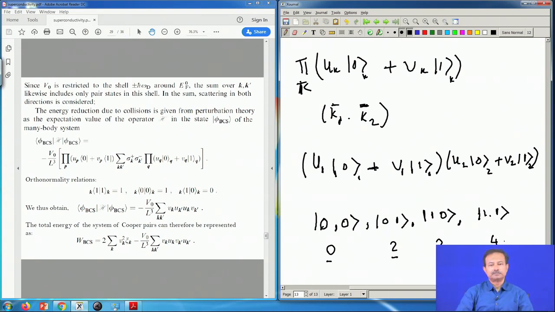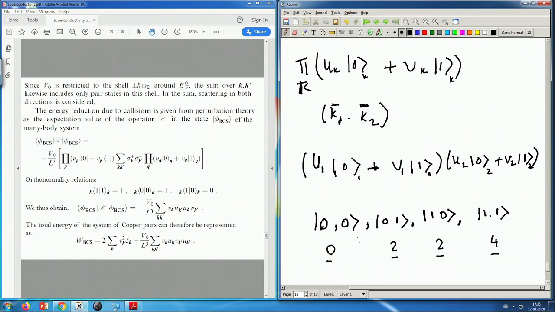So, this wave function is actually a sum of all even number of electron states of this kind. You cannot have a single electron in this; odd numbers of electrons do not exist, and also the number of electrons in this state is not fixed. This state is a linear combination of 0, 2, 2, 4 electronic states.